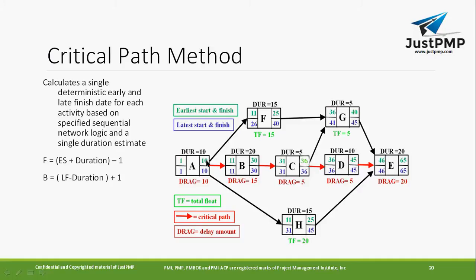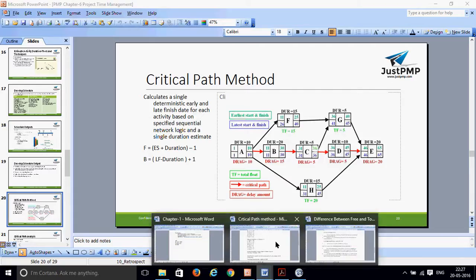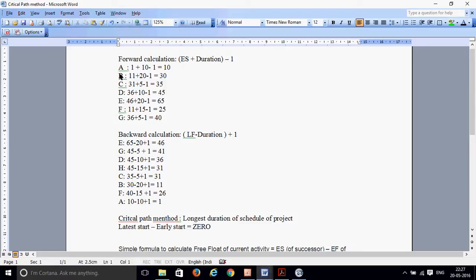So 1 plus 10 becomes 11, 11 minus 1 becomes 10. So you will get the earliest finish date. Okay. So that's the logic. Here we have the critical path method. Let's take the diagram. So what we are doing is, see, activity A.